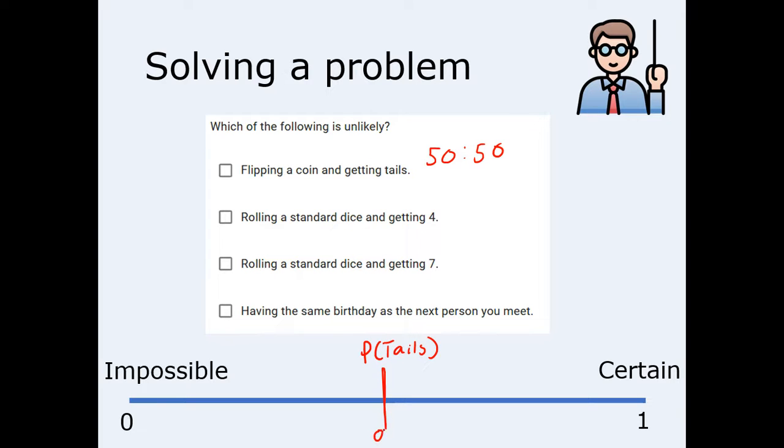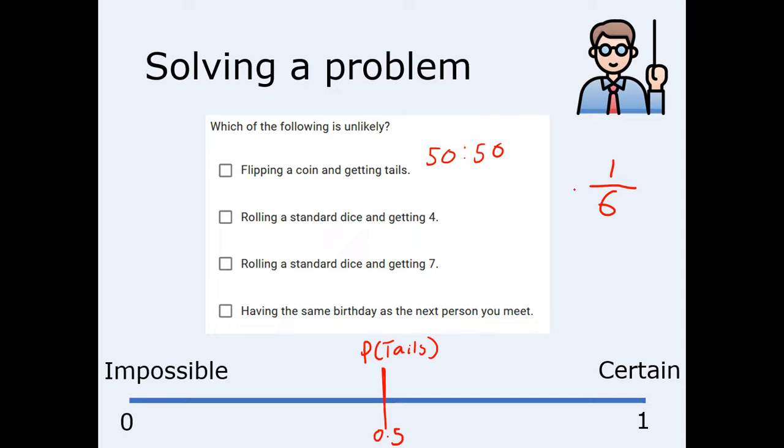It's a half in this case. It's 50-50. So it's not likely, it's not unlikely, it's just even. It's got an even chance of happening. The next statement is rolling a standard dice and getting a 4. On a standard dice, there are 6 different numbers, and one of those numbers is a 4.